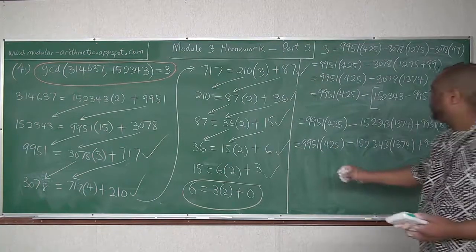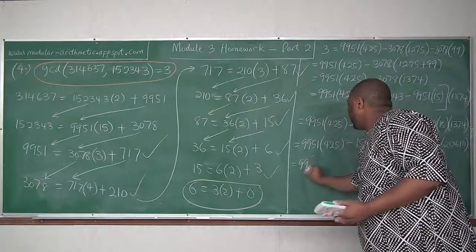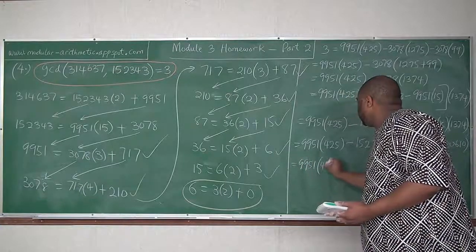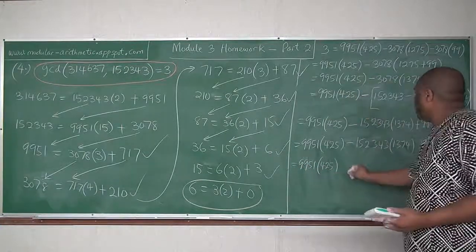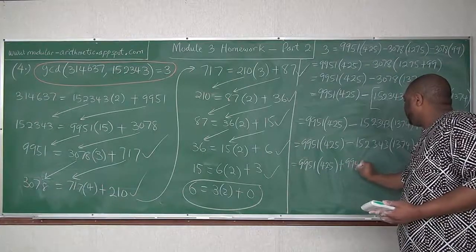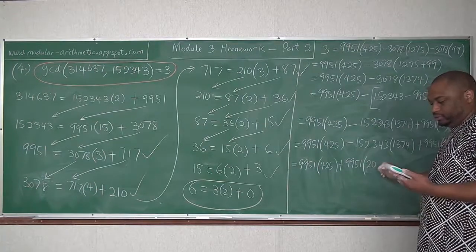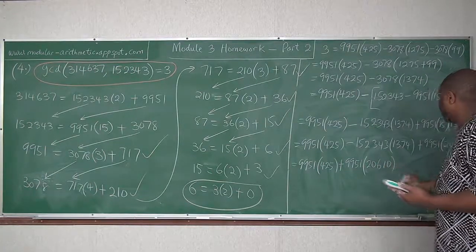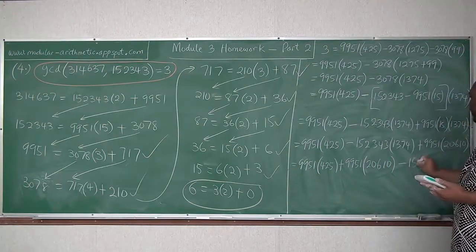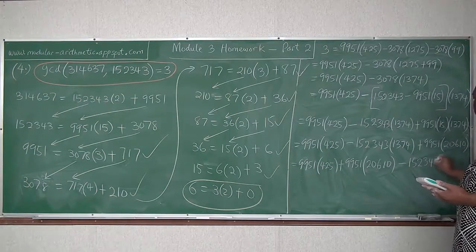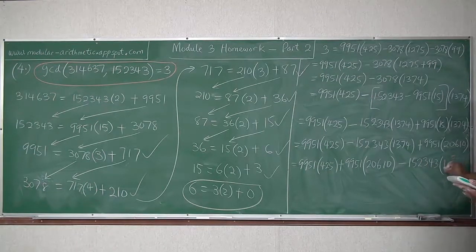So let's get 9951s together. So this will give us 9951 times 425 plus 9951 times 20610 minus 152343 times 1374.